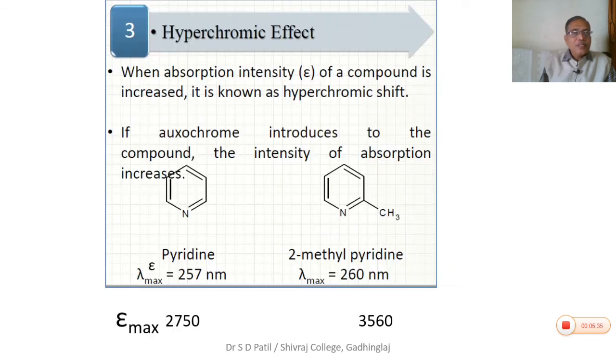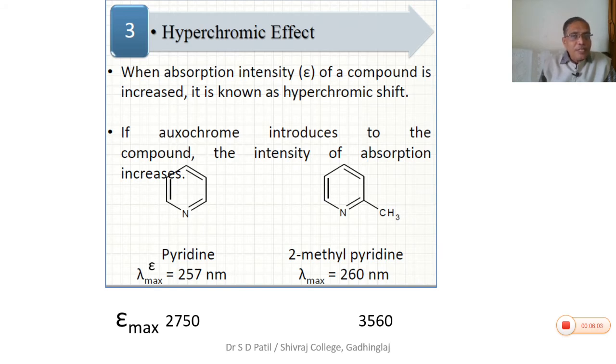Okay. Next, we have seen the shifting to longer and shorter wavelength. Now there is a change in intensity also. In some cases there is an increase in intensity, in some cases there is a decrease in intensity of absorption. The concept called hyperchromic effect or hyperchromic shift is related to the intensity of absorption when it increases.